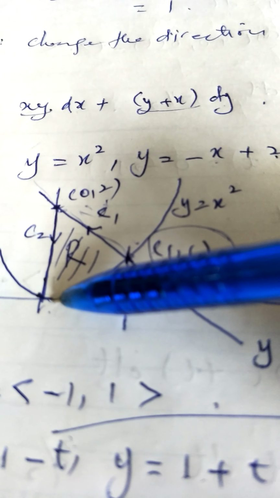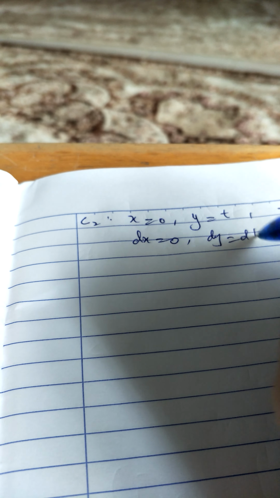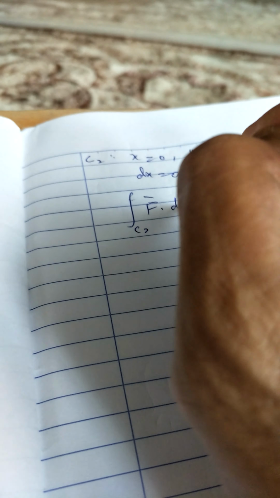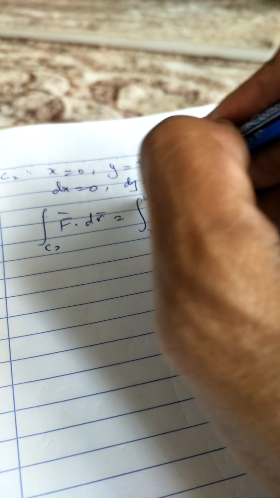We consider y equal to t, and t goes from 2 to 0. We need dx, that's 0. We need dy, that's dt. Then we integrate F dot dr over C2, integrating t from 2 to 0.